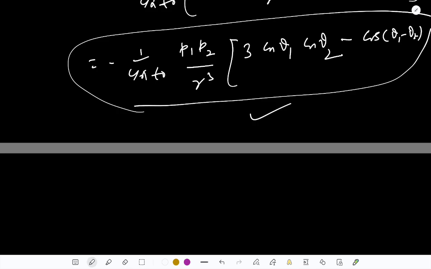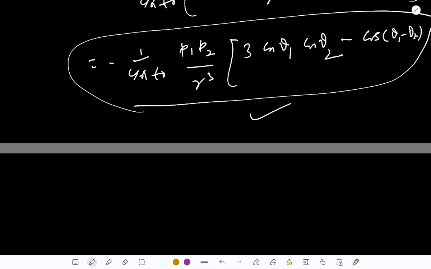I can simply say that the potential energy and the interaction energy is maximum, I guess, when theta 1 and theta 2 both are equal to 90 degrees, cos 0, and cos 0 is 1, and then the result we will get is 1 by 4 pi epsilon naught P1 P2 by R cube simply.